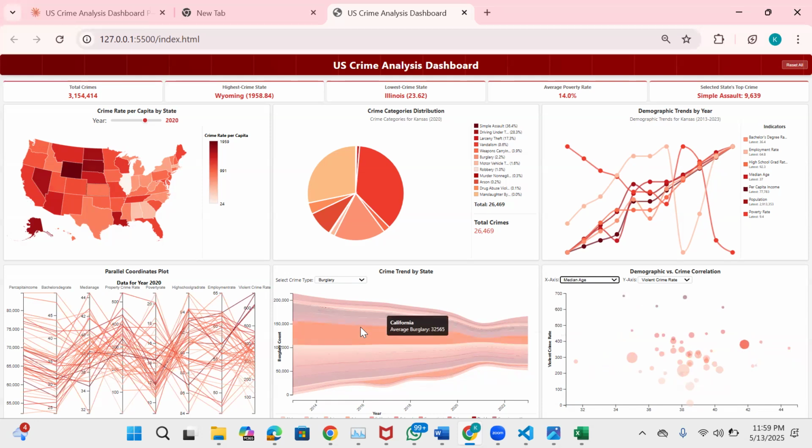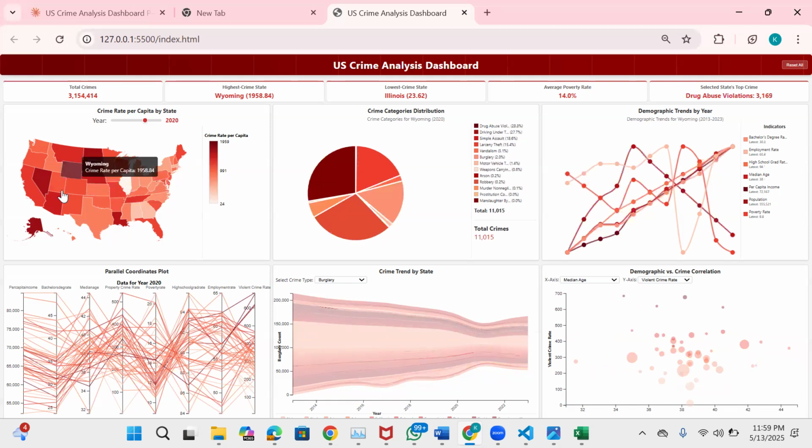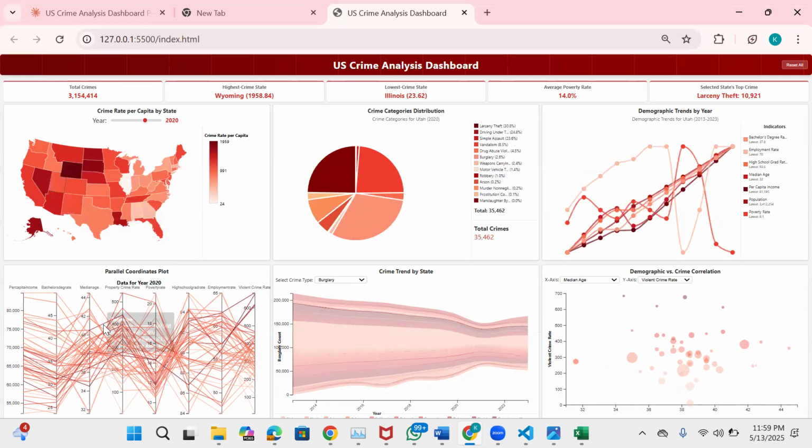Now, what makes this dashboard more powerful is how these visualizations work together. If you select a state on the map, it updates the pie chart and the line chart simultaneously. Brushing on the parallel coordinates plot filters states everywhere else. The reset all button in the top right clears all the selections.